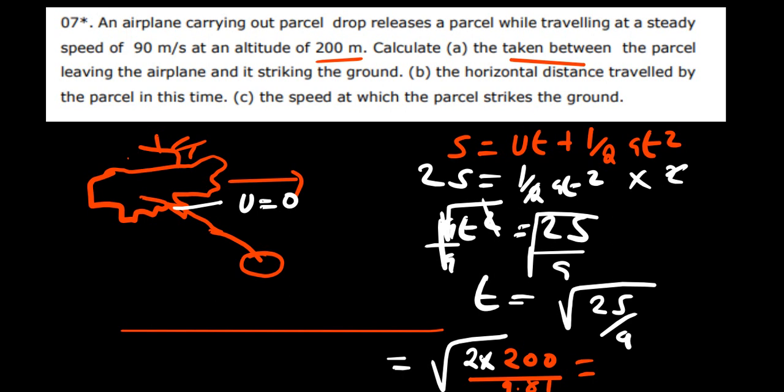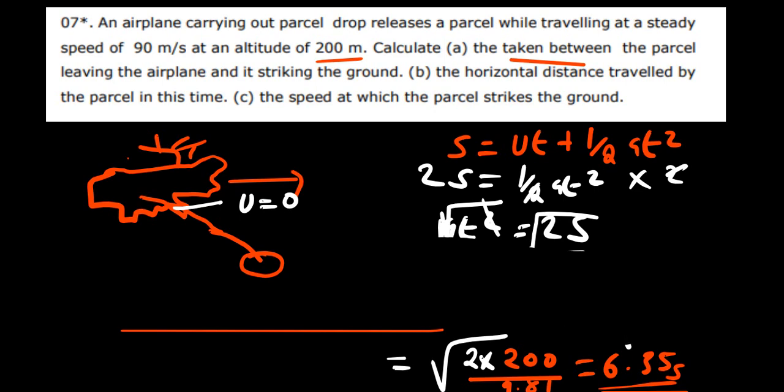Then you solve this. What am I going to have? I'm going to have 6.35. What are we calculating? The time. So that is 6.35 seconds, the time it will take the parcel leaving the airplane to strike the ground.